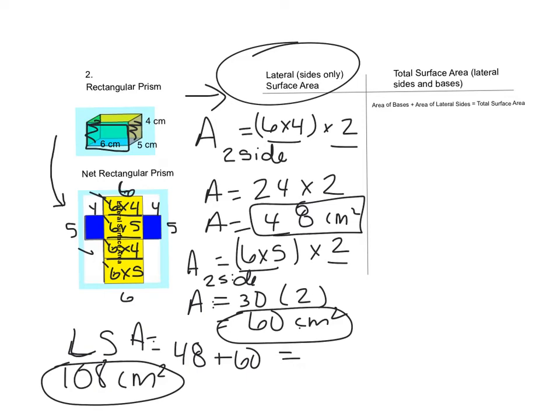Now we're going to find the total surface area. We're going to take 108, which is our lateral surface area, and add to that the area of the bases. To find the area of the base, it's a rectangle.